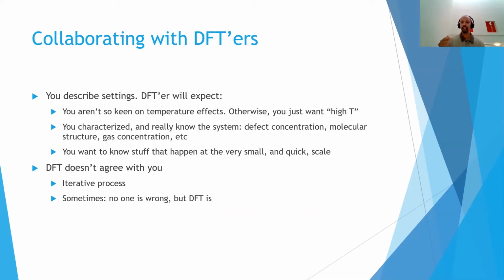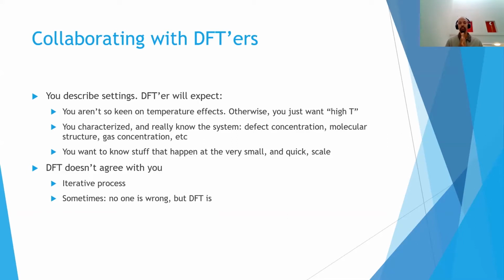A hydrogen in silicon, if I just place a hydrogen inside as an interstitial defect in a silicon crystal, it's going to change its properties. And we want to be sure that when we're doing the DFT calculations, we match, as much as we can, the experimental situation. So as much as possible, have a good idea of what system you have.